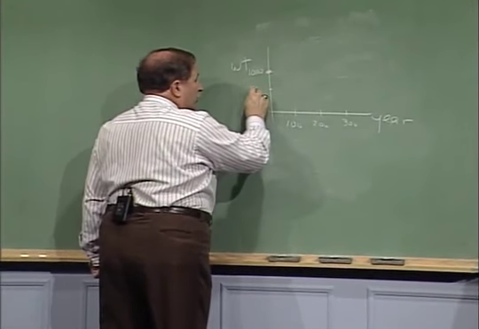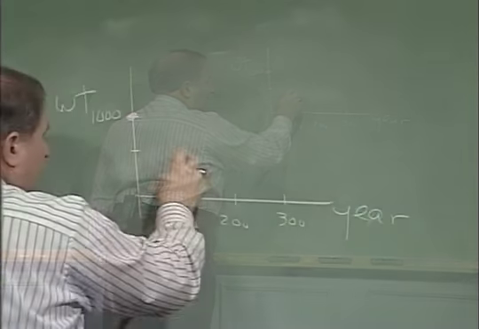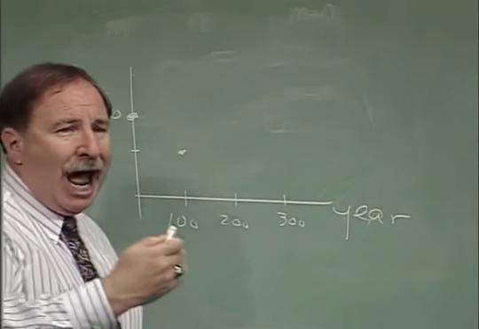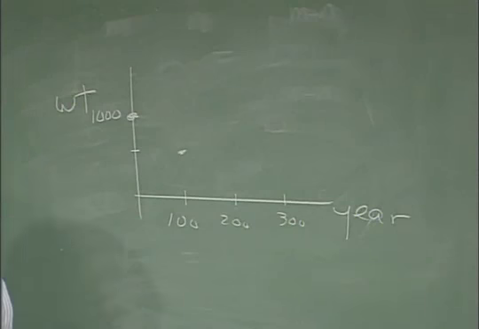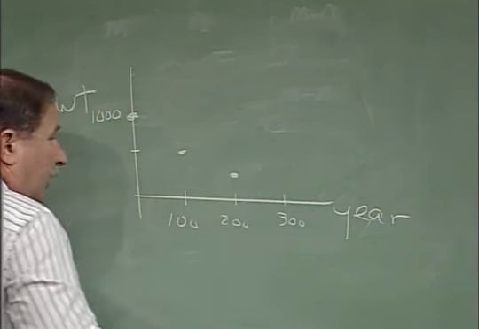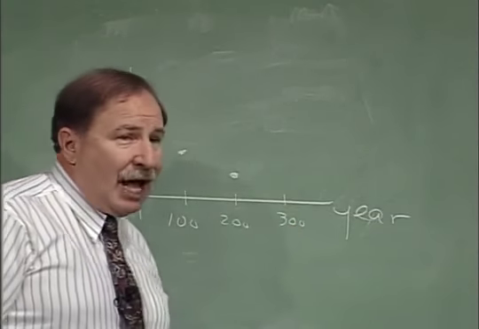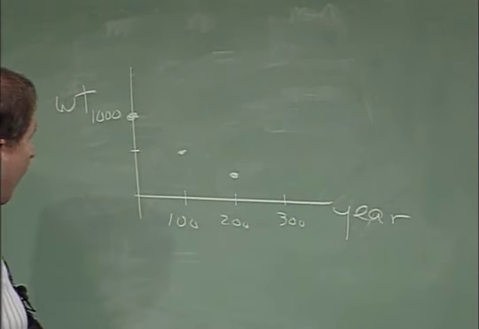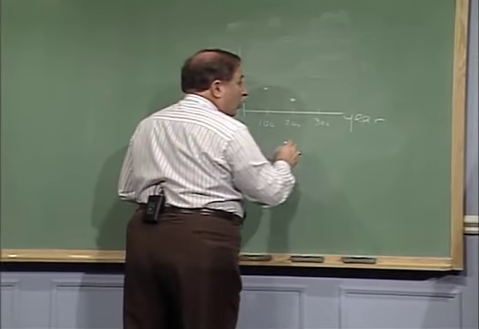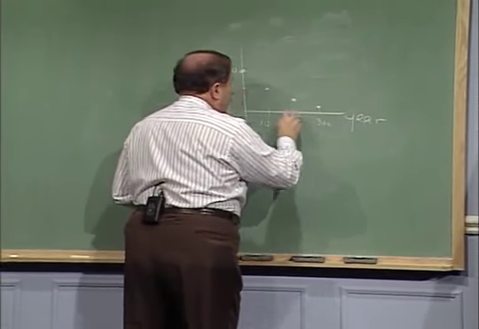So here's our 1,000, here's 500 at the end of 100 years. 100 more years would go by, and now we would have 1,000 times 1/2 to the second, which is 1,000 times a fourth, which would be 250. Halved again. And at the end of 3 half-lives, 300 years, we would have 1,000 times 1/2 to the third, which would be 1/8, or 125 pounds.